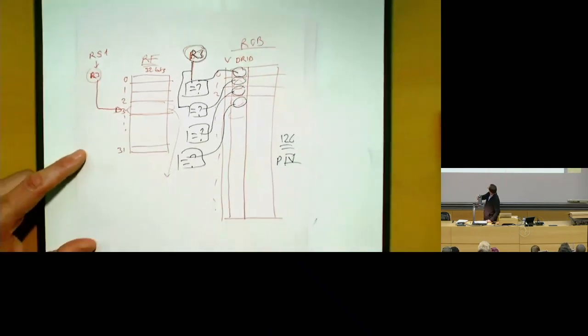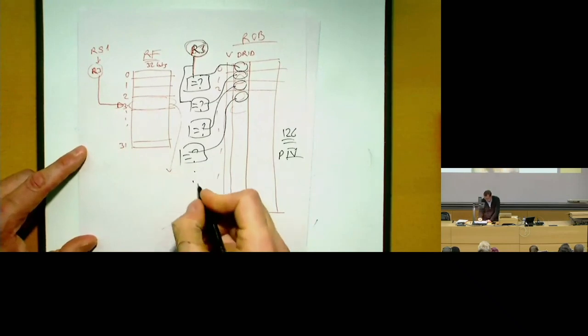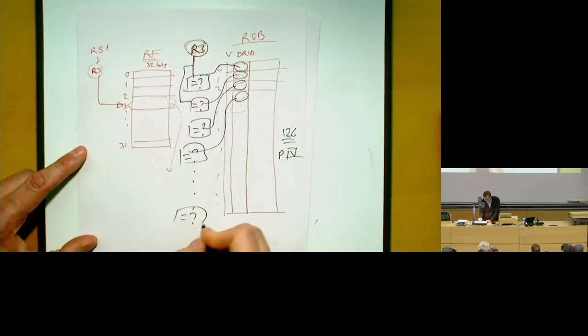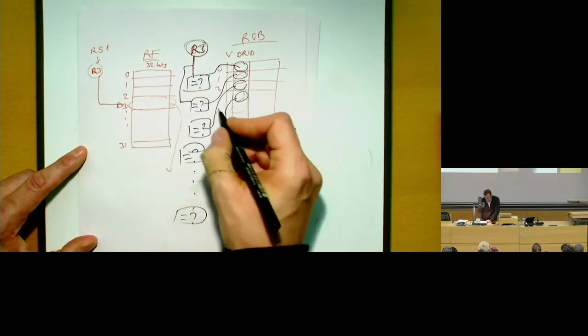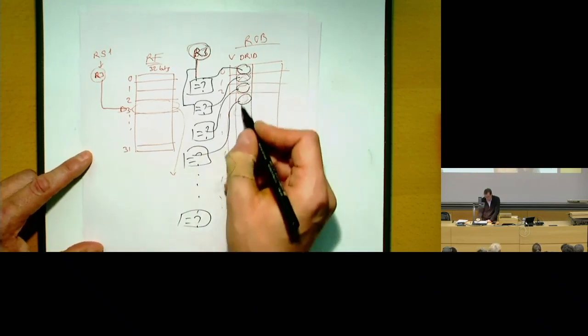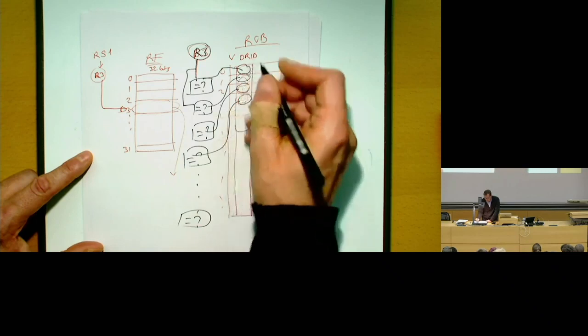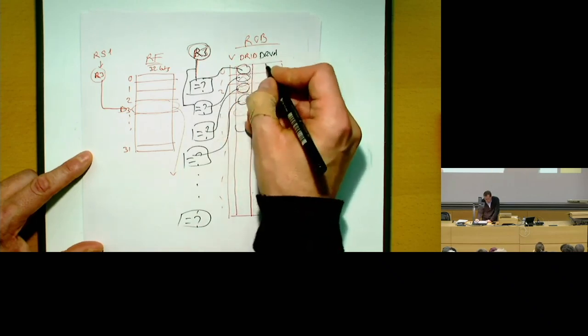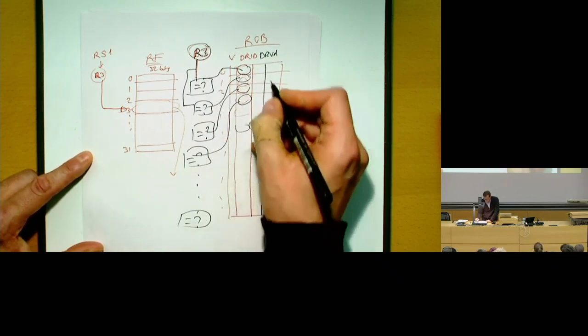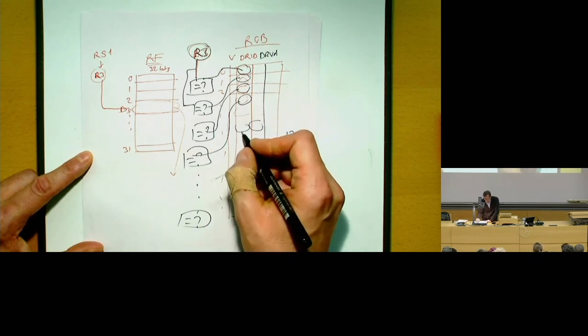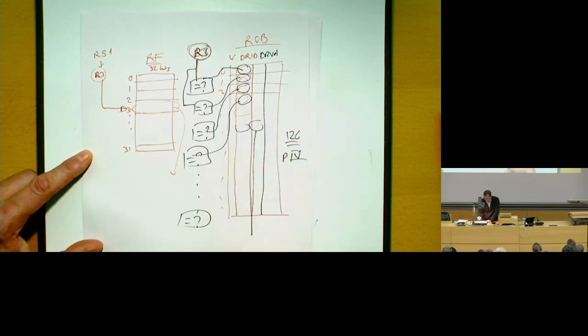So you need to do it basically for every single entry. And if one of them matches, then you have register 3's destination register ID, and also you have the destination register value. If there's a match, you take the destination register value.